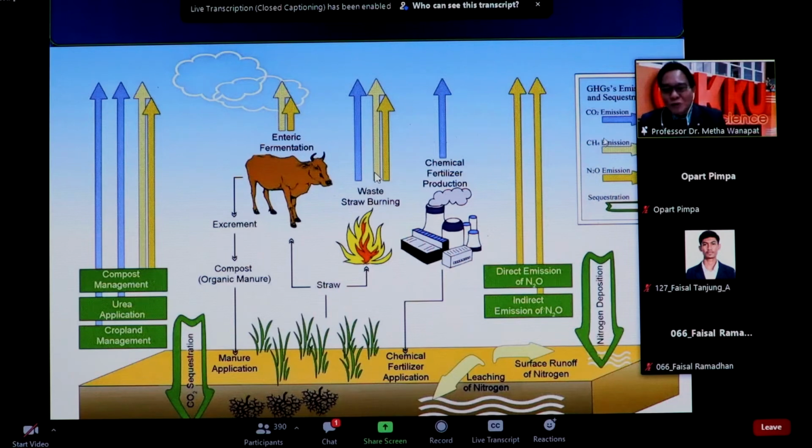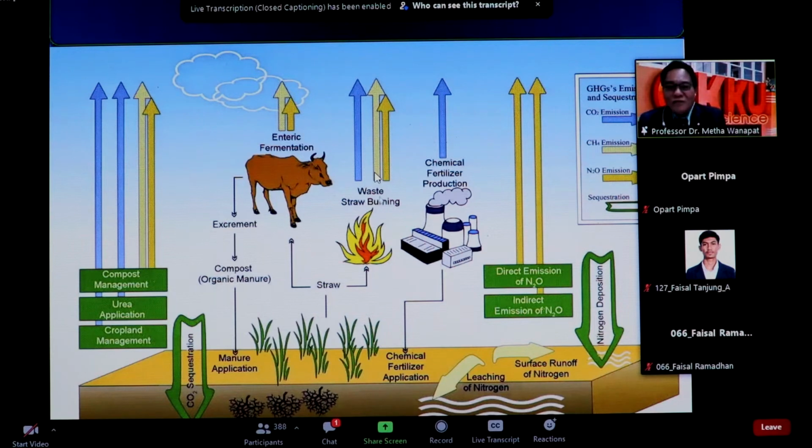So you may have heard of these names: agriculture could contribute up to about 30% of total global warming gas, and in that 30%, livestock enteric fermentation could account for up to about 20%. Okay, 20 to 30% of the 30%.